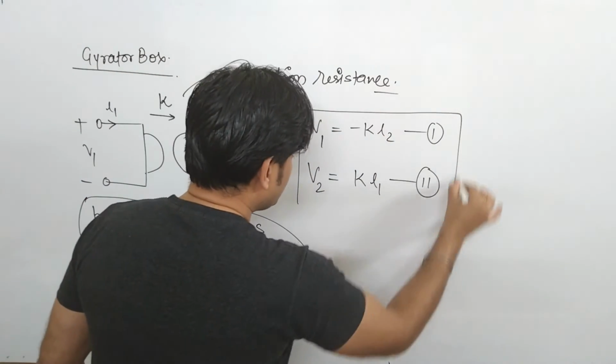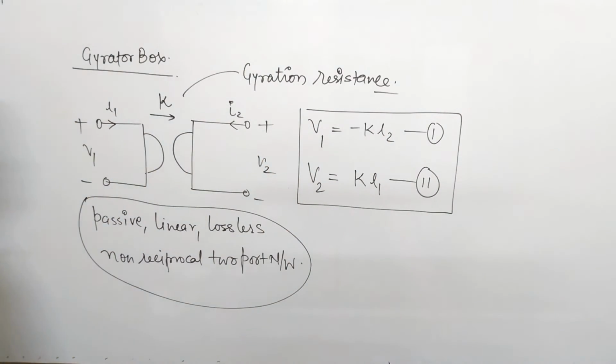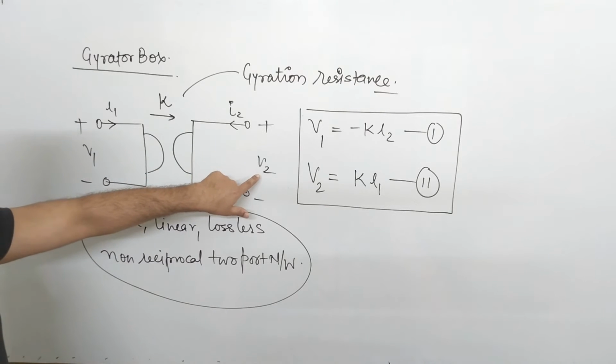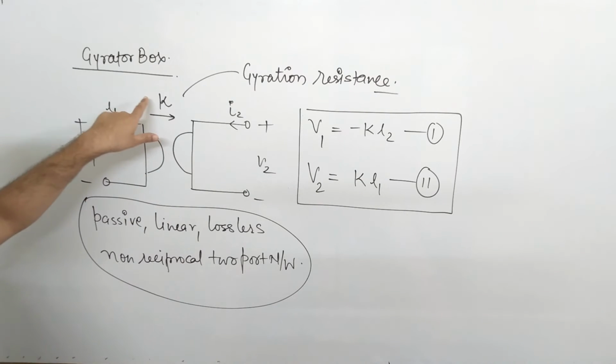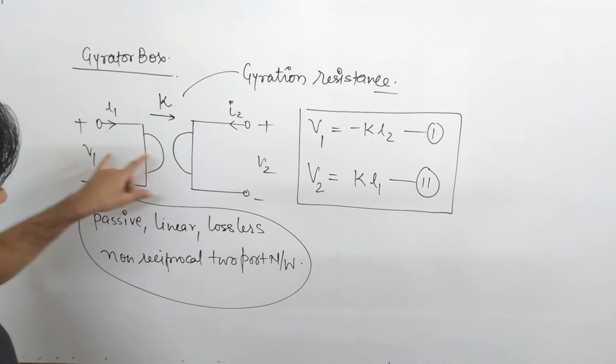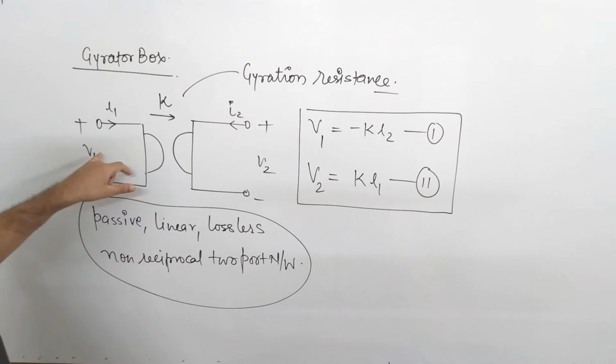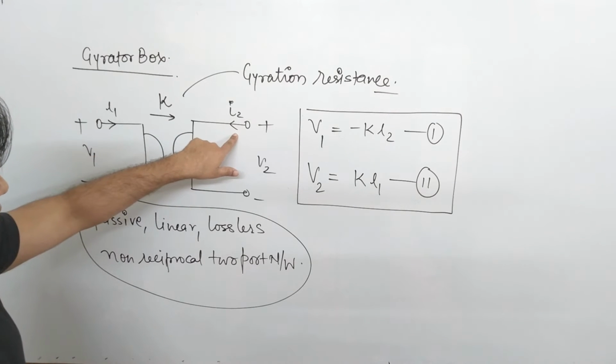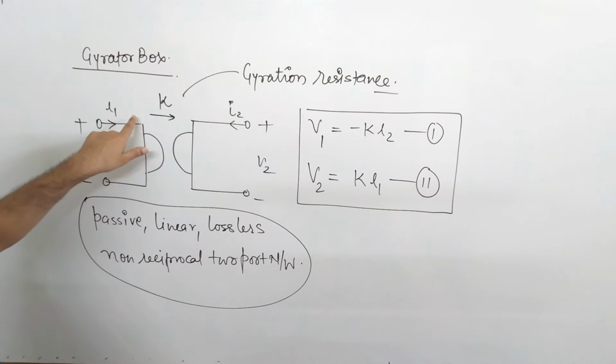These are the two very important equations in the case of the gyrator box. This you have to keep in your mind. The relation between V1 and I2 is V1 equals minus K I2, and for V2 it is K I1.